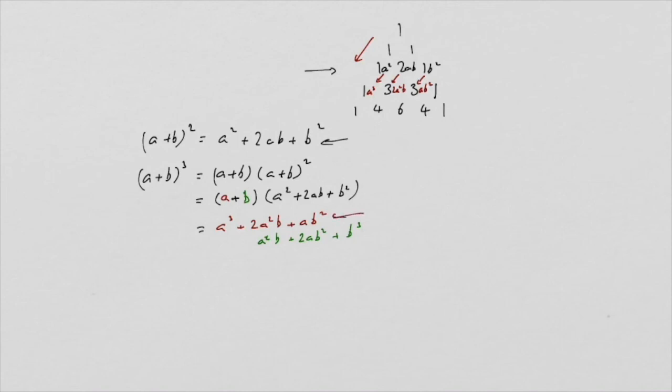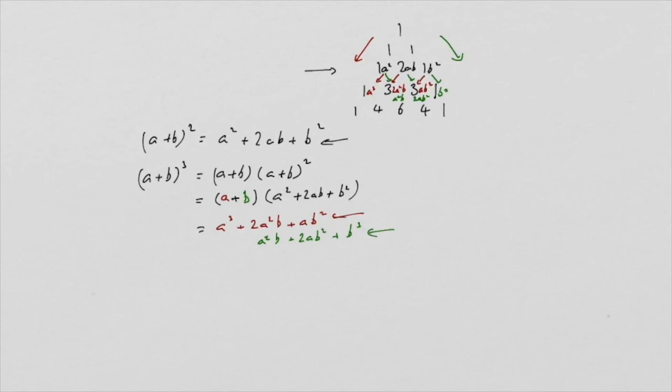And then if we go down the triangle the other way, we get a squared b, we get 2ab squared, and we get b cubed, which of course are the ones from there.